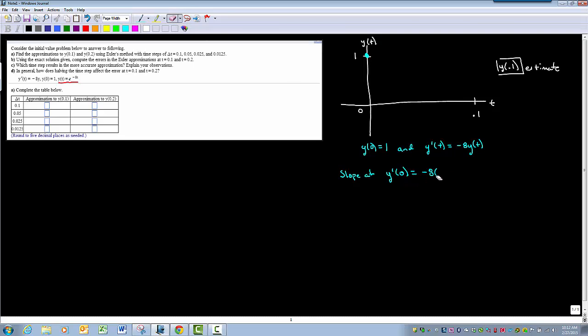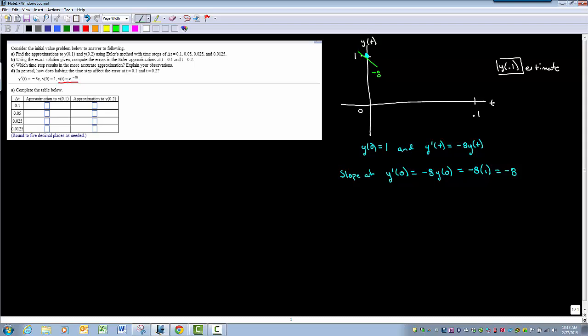Let me write that out for you. So this is negative 8 times the y value at 0, and the y value at 0 we know is 1. So the slope of the tangent line here, that slope, is negative 8.